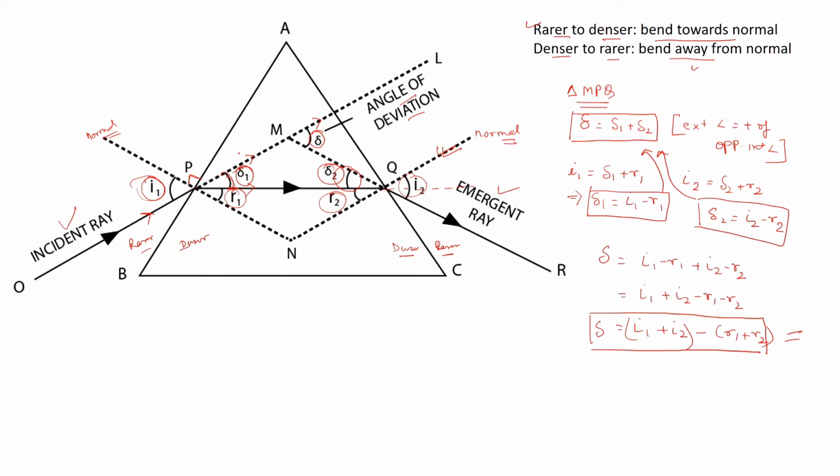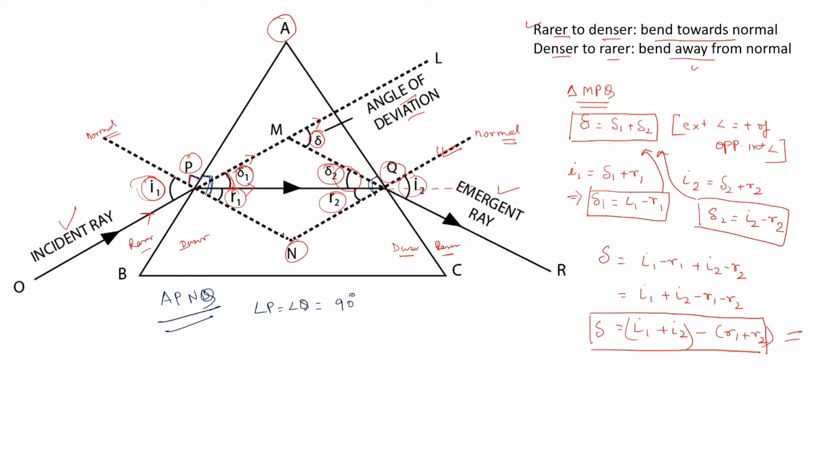If I consider the quadrilateral A, P and Q, look at this, A, P and Q. If I consider this quadrilateral, this one is 90 degrees, so this one will also be 90 degrees, and same case with this, which means angle P is equal to angle Q is equal to 90 degrees.